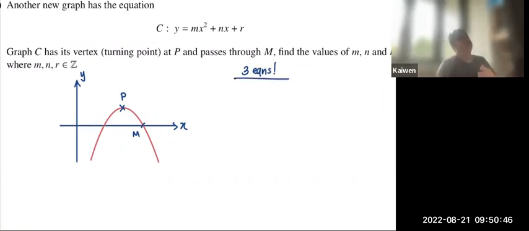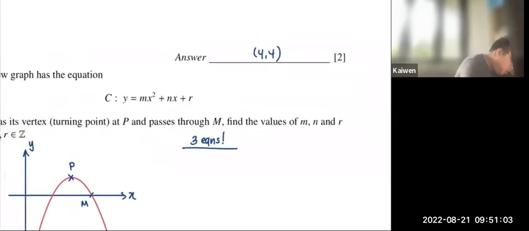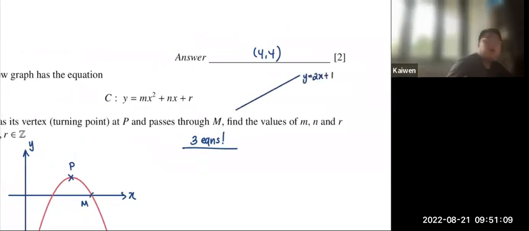What are the 3? A very important concept that a lot of people didn't apply in this case is that if you have a point passing through a line, the point must obey the line. I'll give you a very simple example. If you have a straight line, let's call this equation y equals 2x plus 1.